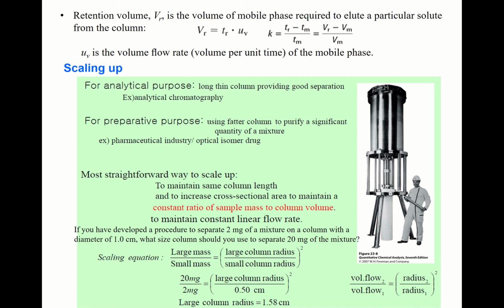Now you have a lot of mixture. Your analyte volume is very large, and it contains a large amount of the solutes A, B, C, and D, and the like.